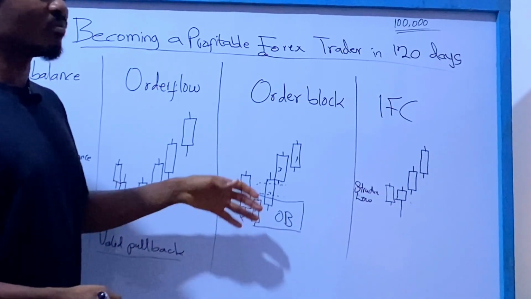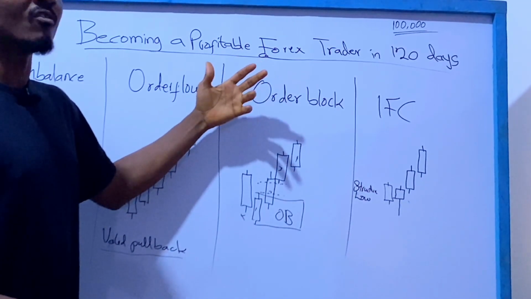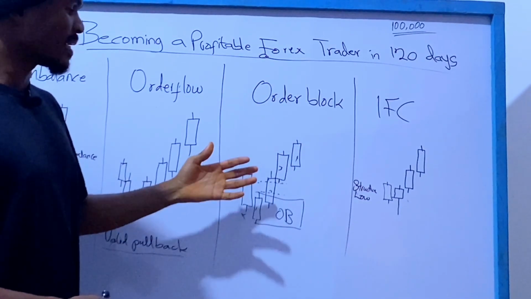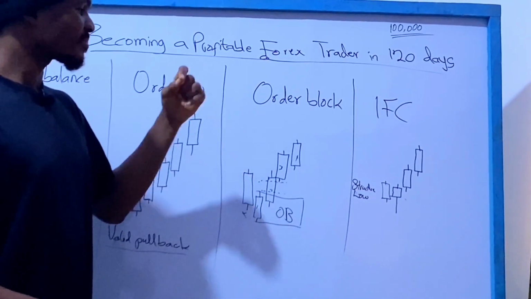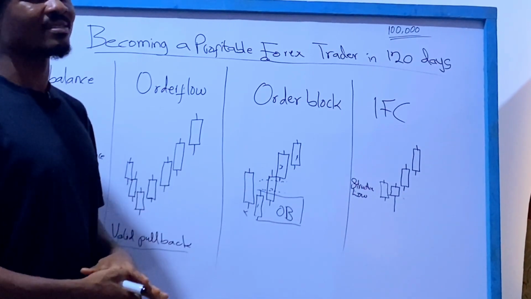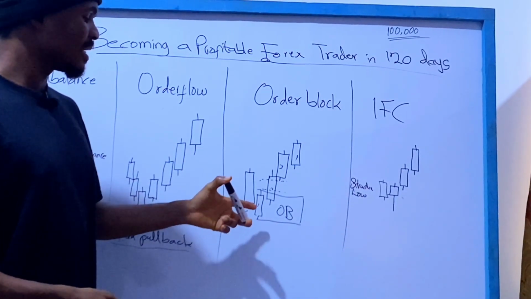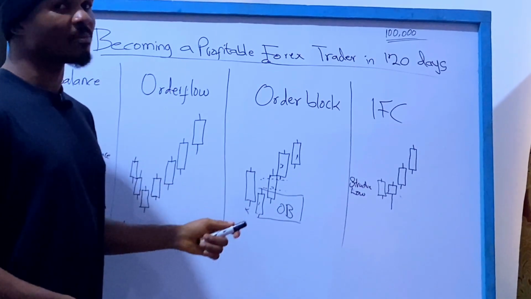In a bullish case, it must take out the high of the previous candle. I hope you understand that. Then it creates an imbalance. Without an imbalance, we cannot have an order block.